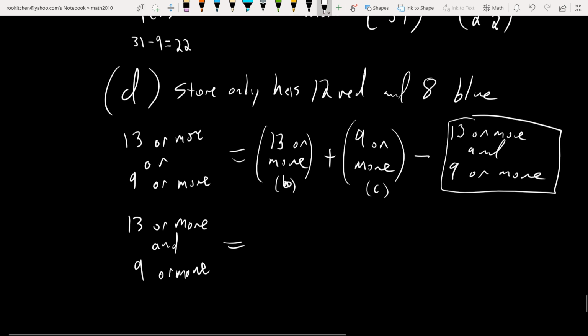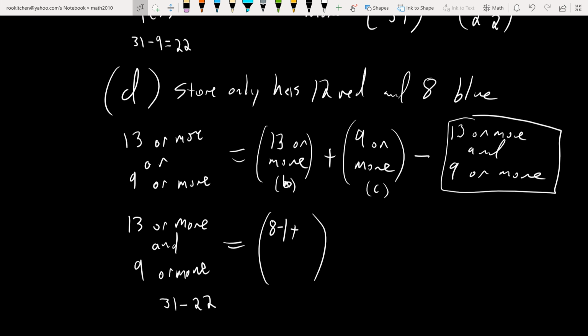So we have 8 minus 1 for the slashes, and then plus 31, and we're throwing away the 9 plus 13, which is 22. So 8 minus 1 plus 9, and then we're choosing 9 of those. So that's going to be 16 choose 9. And then that would go right into here.